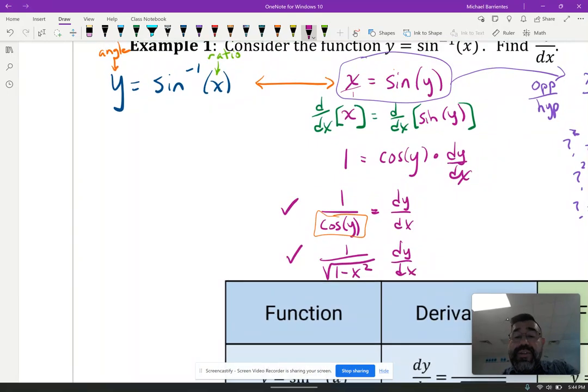And so some people say this is the derivative of sine inverse. Now remember, we're finding the derivative of y with respect to x. The derivative of y is the derivative of sine inverse. So what we're saying is the derivative of sine inverse is either 1 over cosine y, or it's 1 over the square root of 1 minus x squared. And a lot of people choose the second one because it is in terms of x, which is what the original y equation was in terms of. It was sine inverse of x.